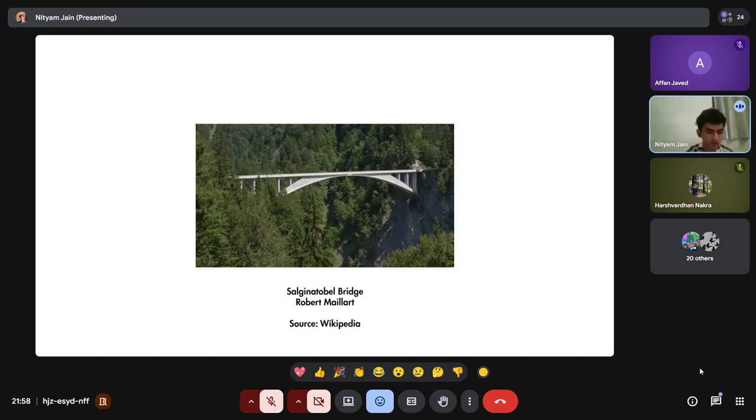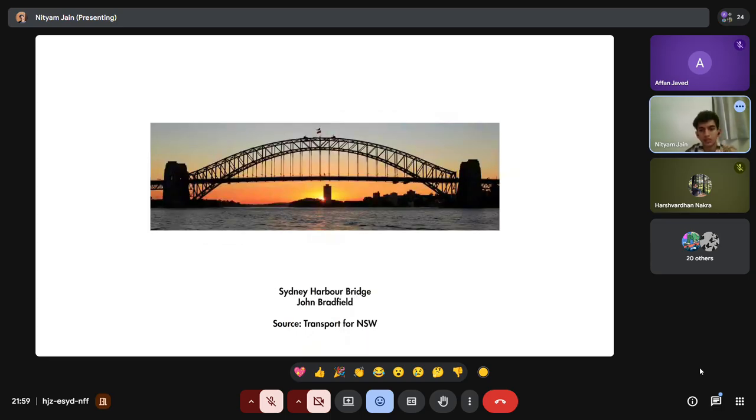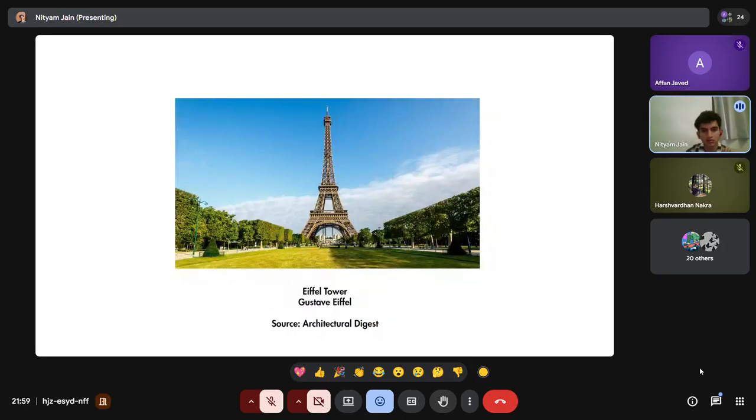Moving to the first concept, let's take a look at these structures and think if there's anything common between them. First is the Salginatobel Bridge by Robert Maillart, who is an engineer. This is just to give a sense of scale of the bridge. And the Sydney Harbour Bridge, also by an engineer, not an architect, and also the Eiffel Tower.